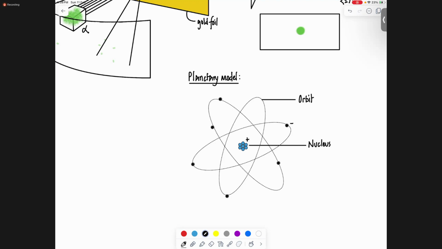Turns out, some years later, after this was discovered, the electron part was proven wrong. But the nucleus part is perfect, and that's why we learn this.